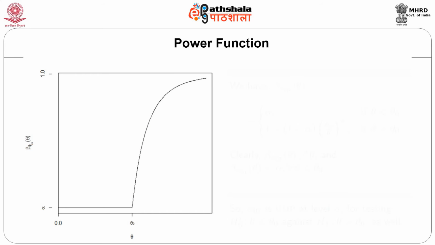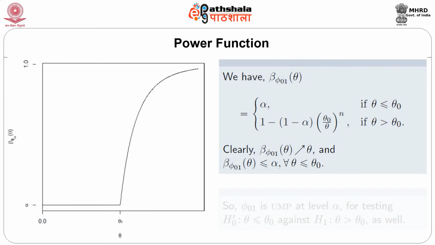Initially it is alpha, and then it is 1 minus alpha into (theta naught by theta) to the power n. As theta increases, 1 by theta decreases, so theta naught by theta decreases, (theta naught by theta) to the power n decreases, and the minus sign is there, so overall it increases. So this power function increases as theta increases.